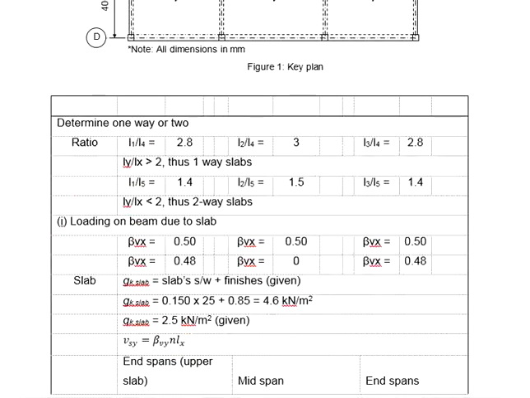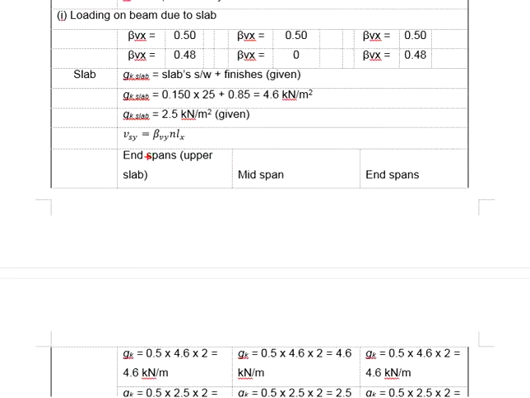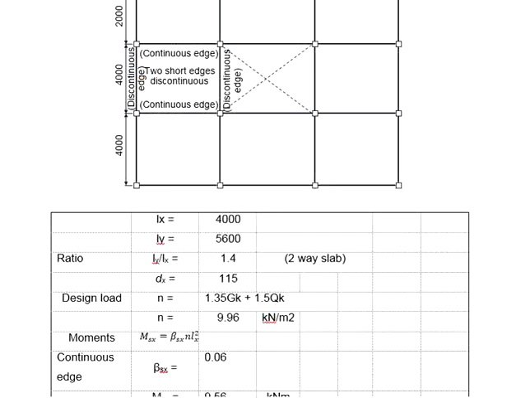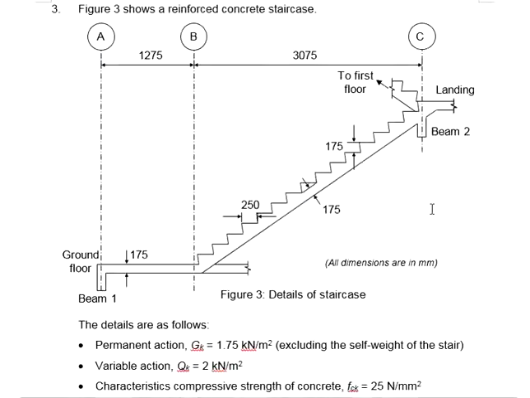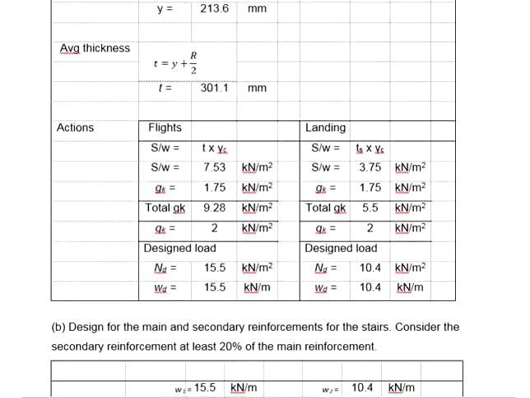In terms of the analysis, the beam adopts table 3.15 of British Standard 8110, whereas the analysis of the slab uses tables 3.14 and 3.15 in BS 8110, but they are not applied in the staircase.